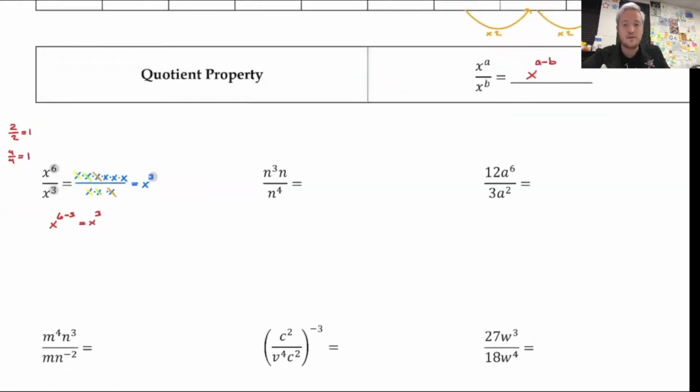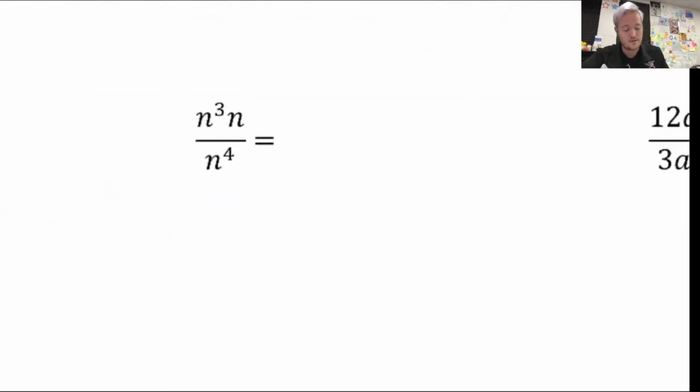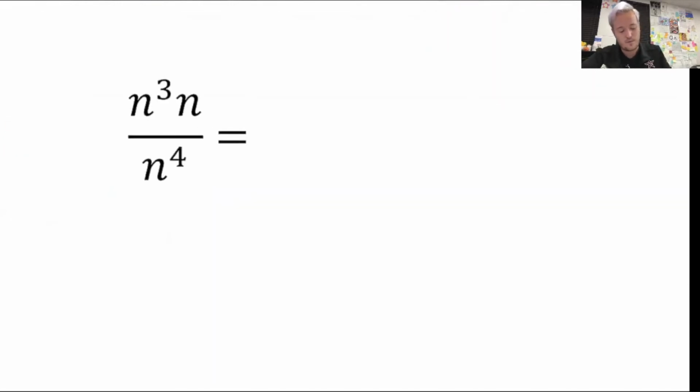All right, so in addition to the quotient rule, we're still going to be bringing back the other rules, and we're going to be incorporating multiple properties into a single problem. For example, in this next problem, we have n to the third power times n, all over n to the fourth. In the top, we can do the product property.